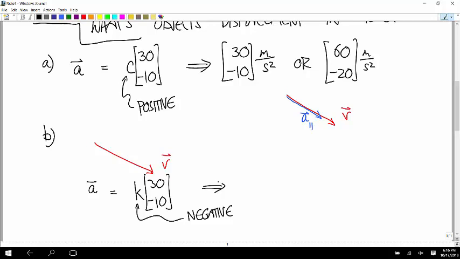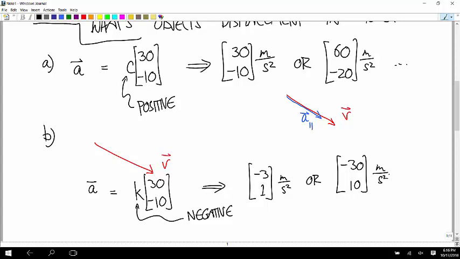And so the things that would work here would be like negative 3, positive 1, or negative 30, positive 10. Anything like that would make the object slow down.